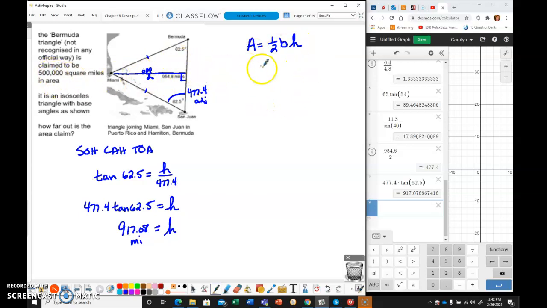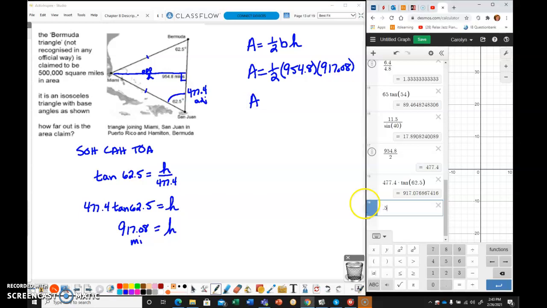Okay, so now I can go ahead and figure out what the actual area of this triangle is and see how close it is to the 500,000. So it's going to be 1/2 of the base of the whole triangle, which was 954.8 miles, times the height of the triangle, which is what we just calculated, 917.08. So I'm going to find that area.